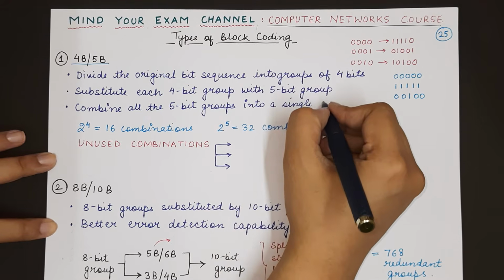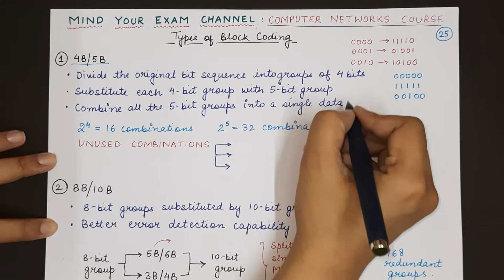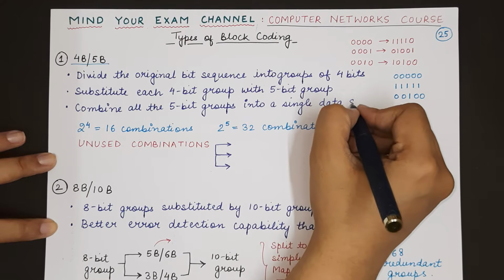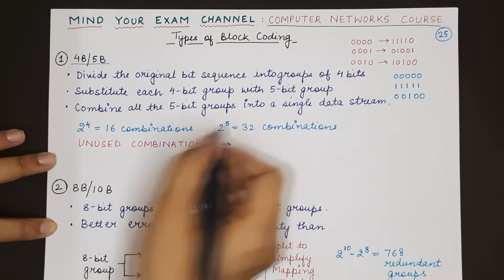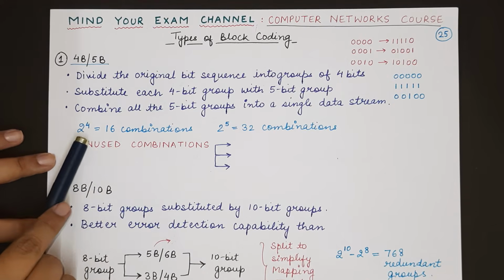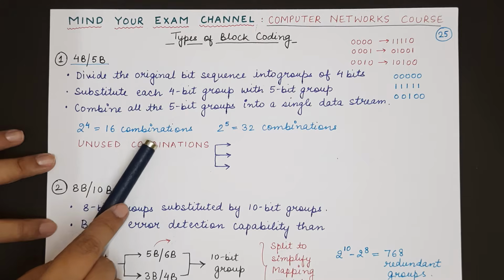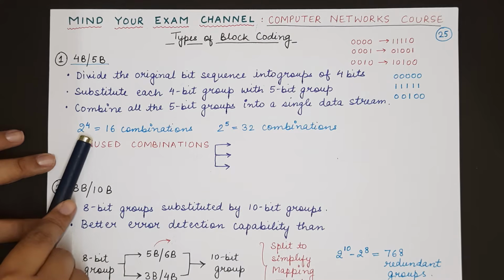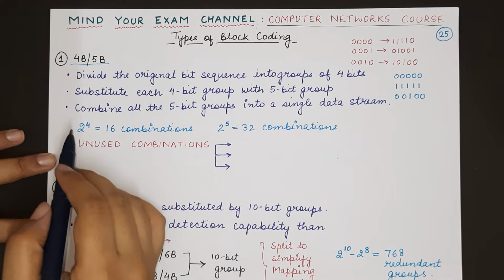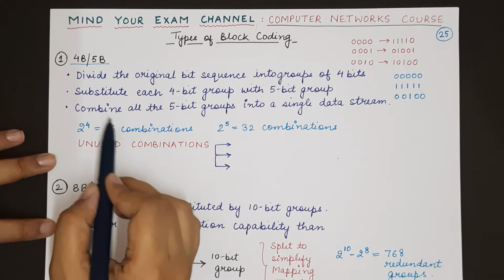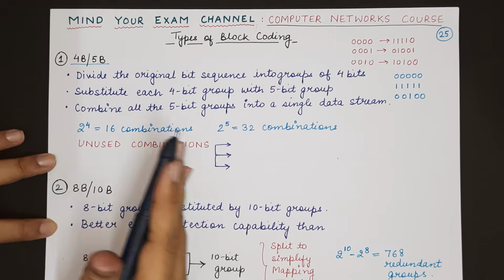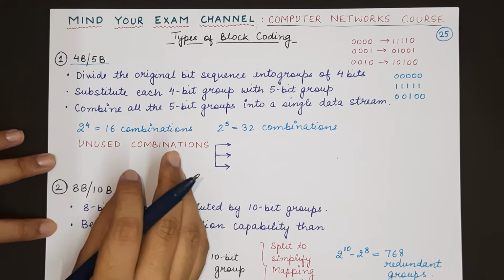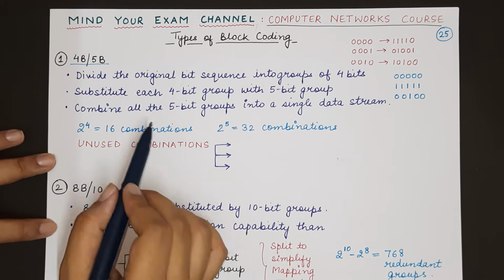Okay. Now, as you can see, originally there were 4 bits in each group, and now there are 5 bits. So, how many possible combinations are there with 4 bits? That means if we have 4 bits, 16 different combinations or permutations of these bits can be formed.